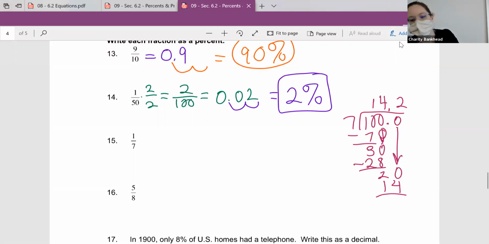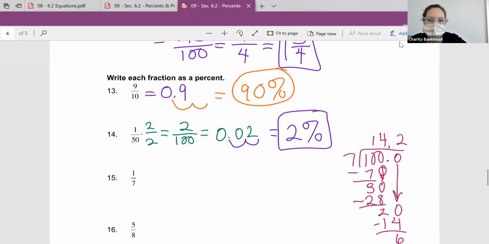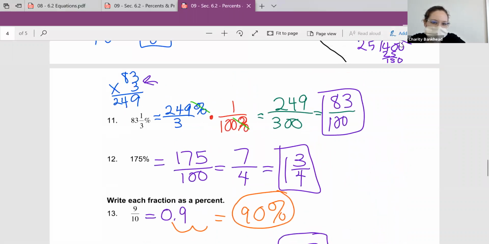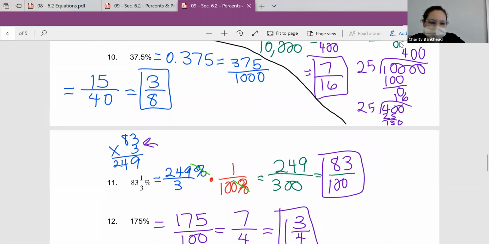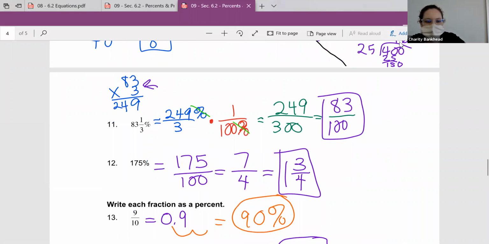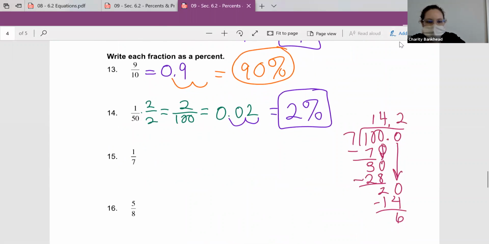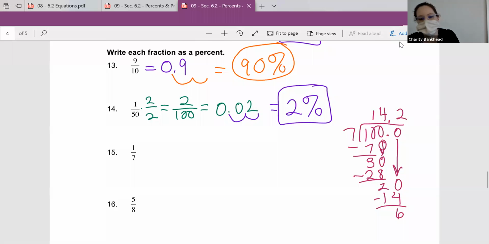So now I need to look back at my instructions and see, did it tell me to round it off to something? Not really. Normally it would tell you what to round it to, like if it was a homework or a test. But I'm just going to keep going a little bit longer.